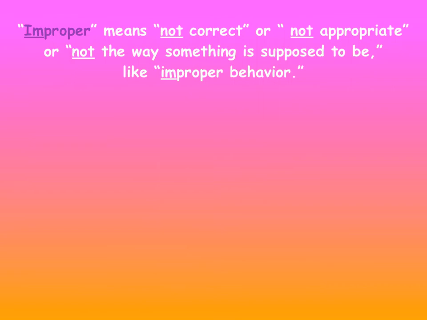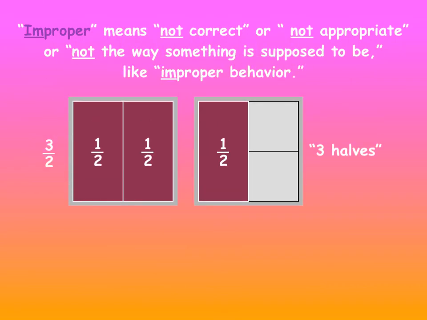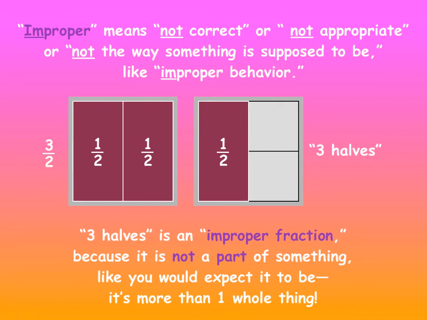Improper, on the other hand, means not correct, not appropriate, not the way something's supposed to be, like improper behavior. 3/2, for example, is an improper fraction because it's not a part of something like you'd expect a fraction to be. It's more than one whole thing.